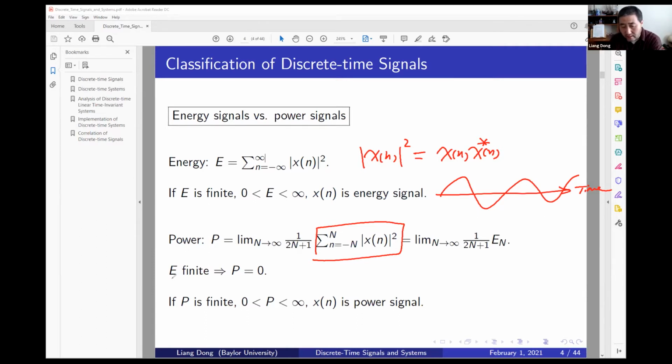So if E is finite, if the energy is finite, P is equal to 0, because N is approaching infinity. If you have an energy signal, E is finite and P is 0. If P is finite, we call the signal a power signal. So a cosine signal, or any periodic signal, is a power signal.